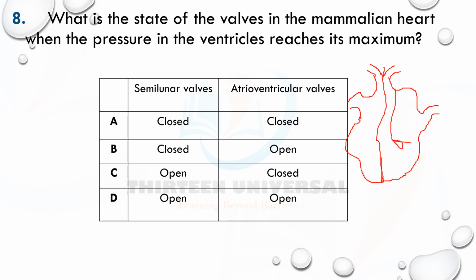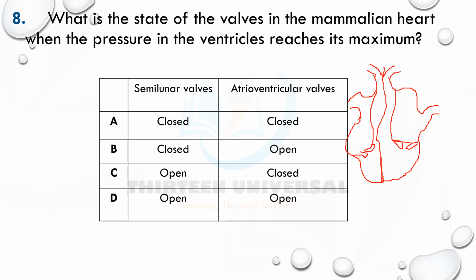So this is the bicuspid valve that I'm drawing. It separates the left atrium from the left ventricle and prevents blood backflow. This is the tricuspid valve. Tricuspid is found on the right side.